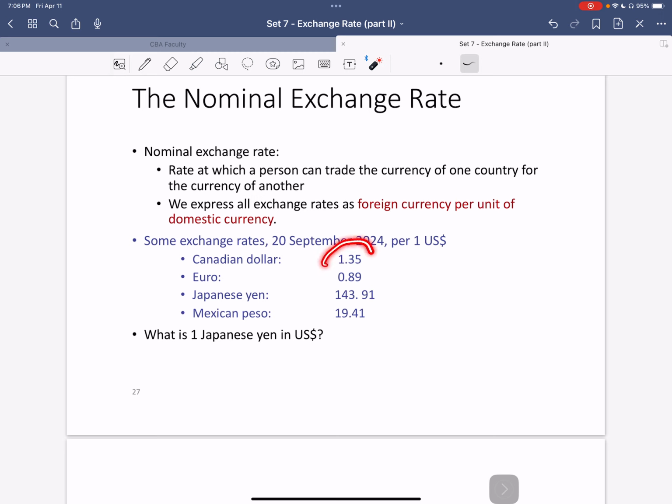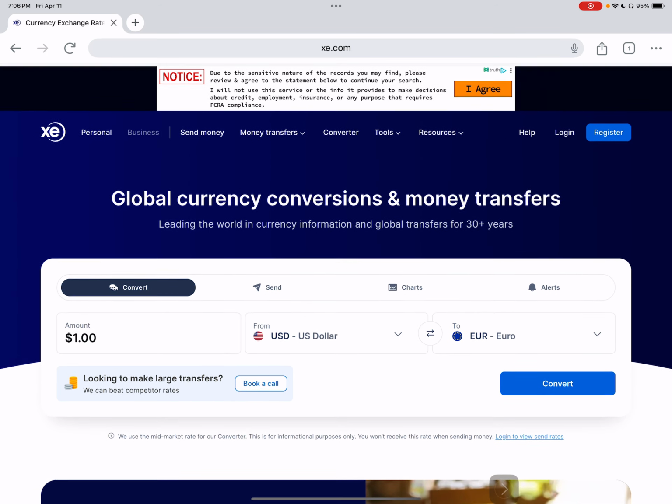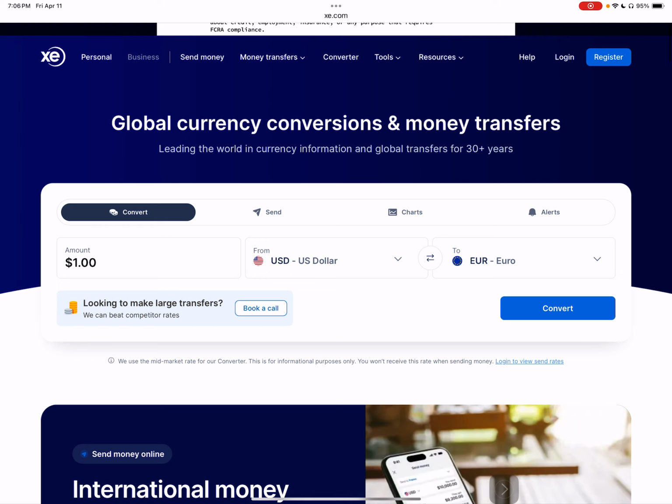If you want to update these numbers, I would suggest you either Google that, or there's this website, xe.com, where you can simply select the currencies that you want to exchange.